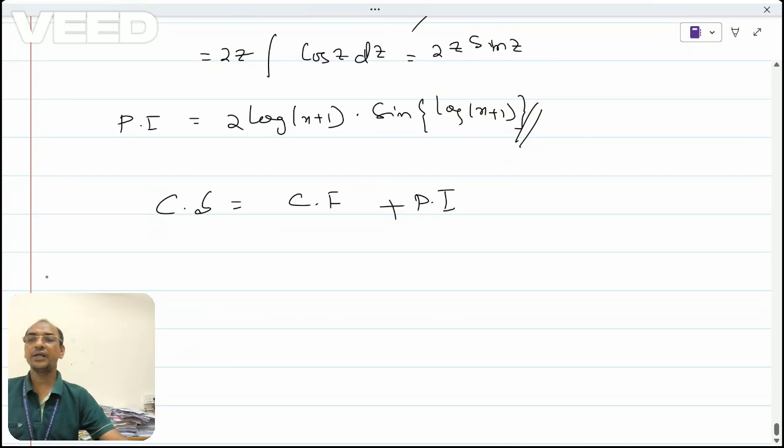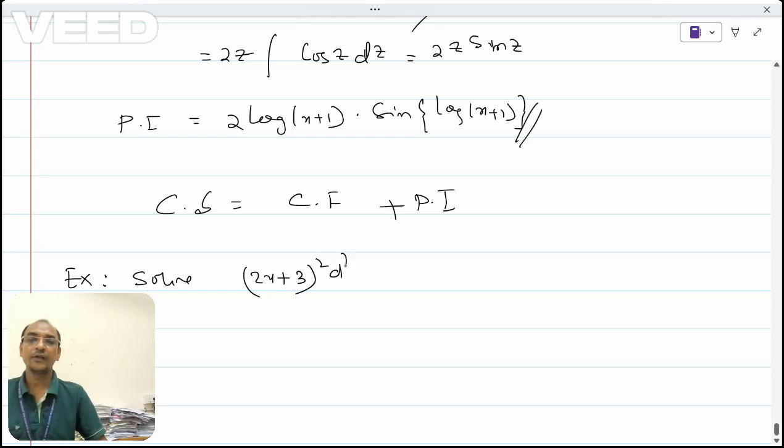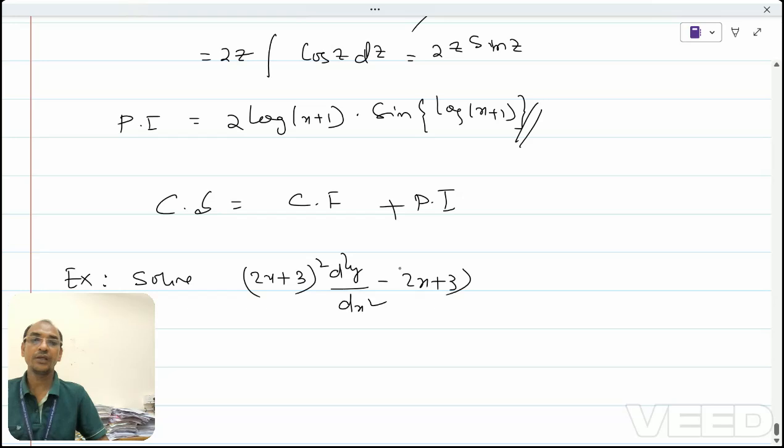So I would like to take another example here. Solve (2x plus 3) whole square d square y by dx square minus (2x plus 3) dy by dx minus 12y equal to 6x.